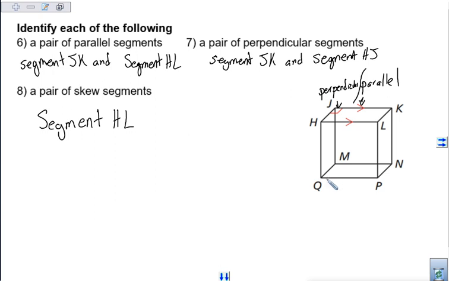I don't want anything that intersects it. So I could put down segment KN. Could also have said segment JM, or segment MQ, or segment NP.